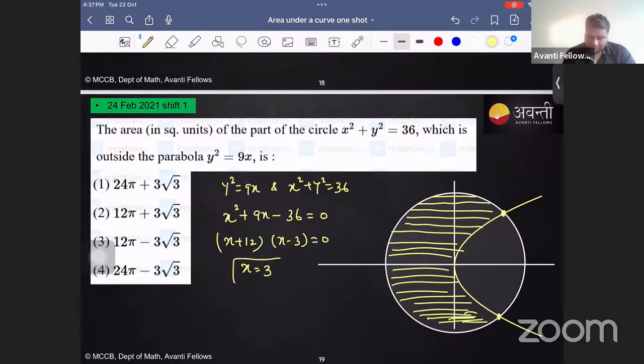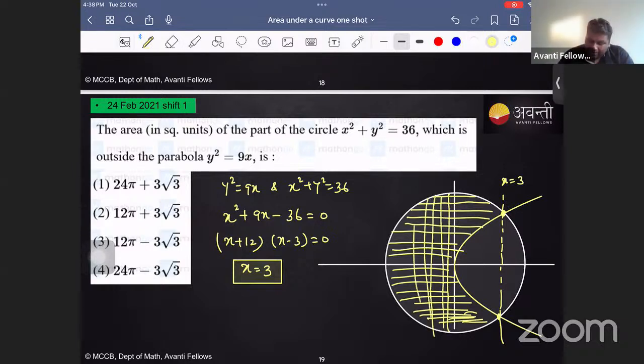So the value of x you got is 3. Minus 12 is not possible. So this line is x equals 3.